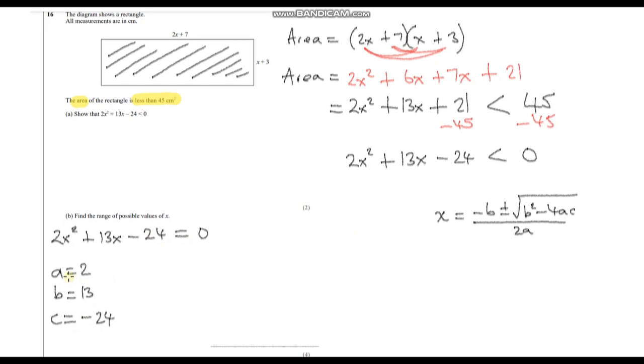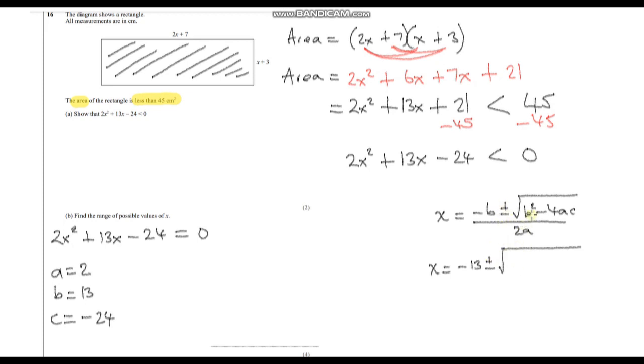So I'm just going to substitute these values into our formula. So x is going to equal negative b, so that's negative 13 plus or minus the square root. Where was I?